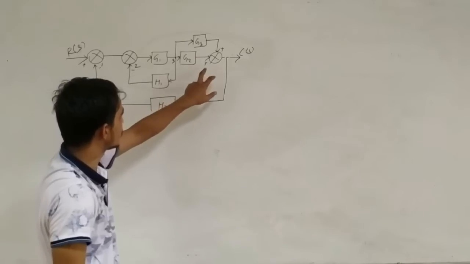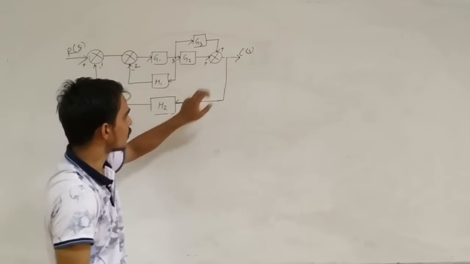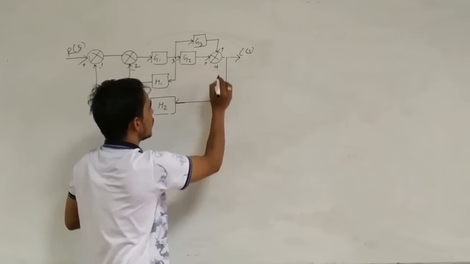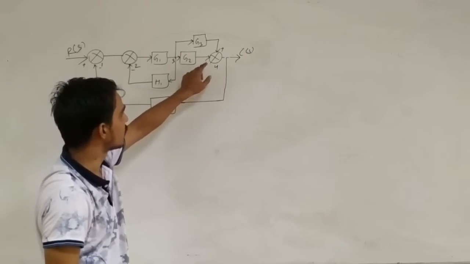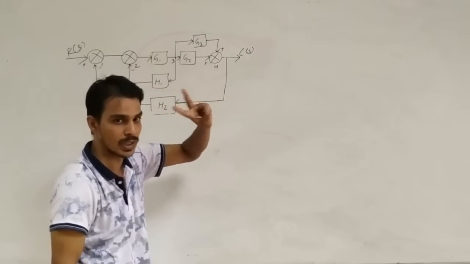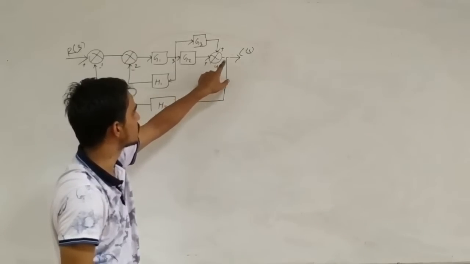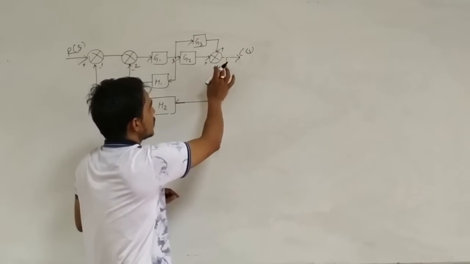And this summing point is placed before the take-off point, so both will be considered as a single node. If the take-off point is placed before the summing point, then they will be considered as two individual nodes.